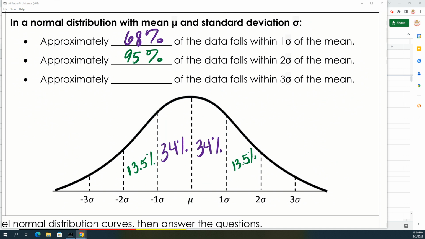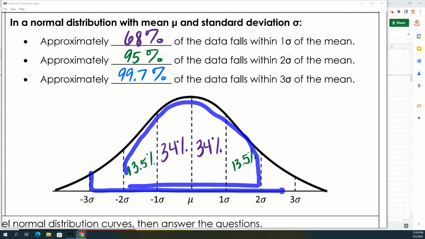And then approximately 99.7% of the data falls within 3 standard deviations of the mean. All right, so all of this was 95%. We add another standard deviation that is going to make up 4.7 more percent.